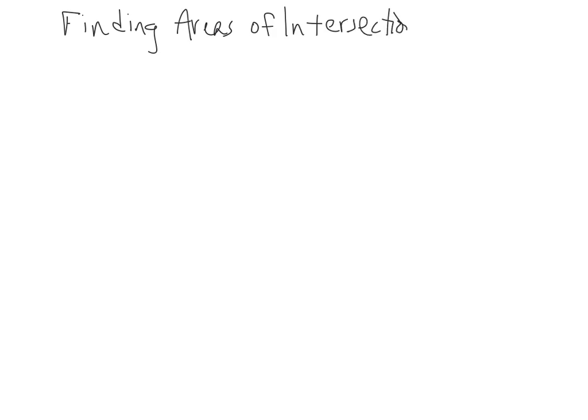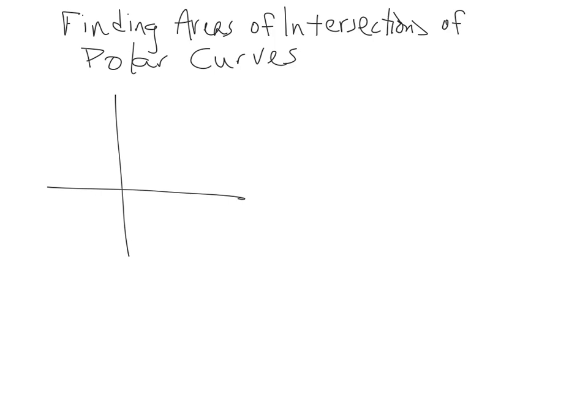So, when we find the area of the intersection of a polar curve, we are looking at, say, a situation where perhaps we have a circle and then a rose curve.